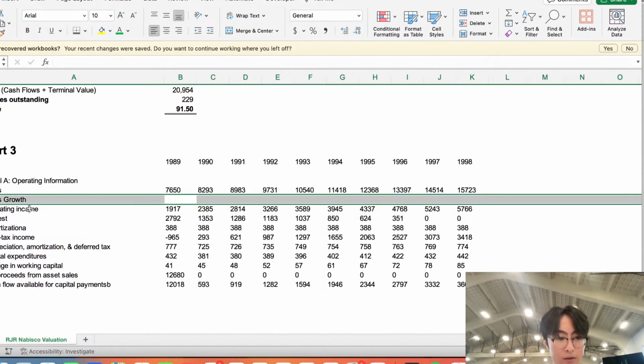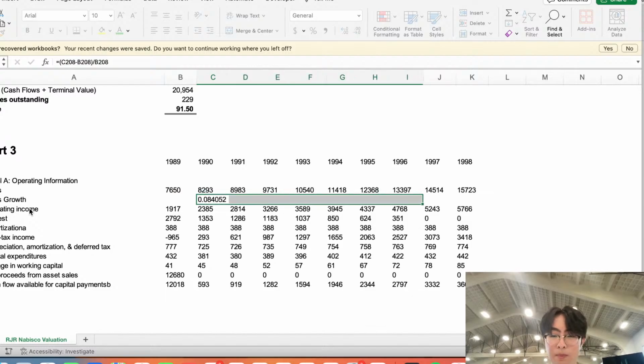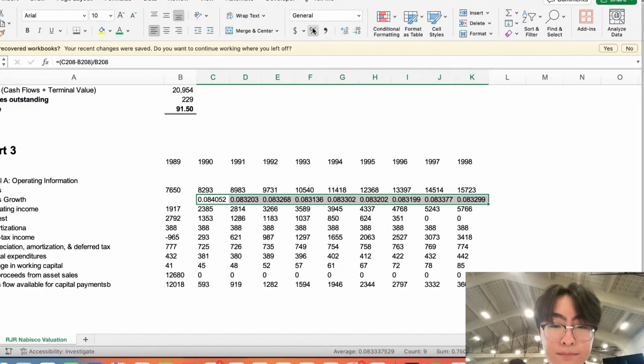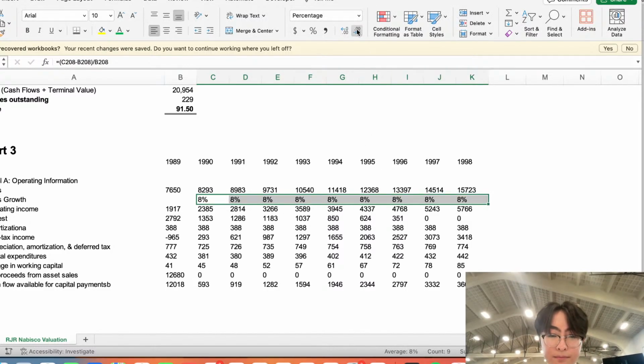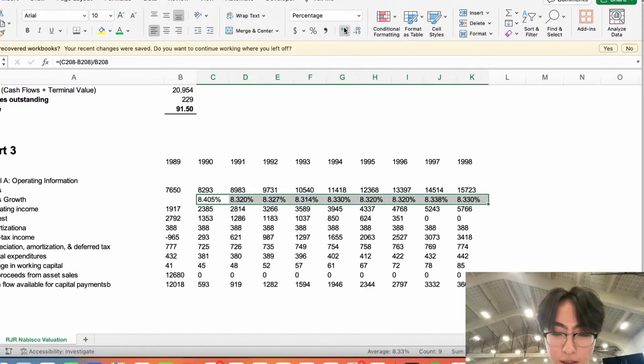Sales growth. Alright, so sales growth, it's growing at an 8.3% CAGR, it seems like. Let's see if I can extend this.